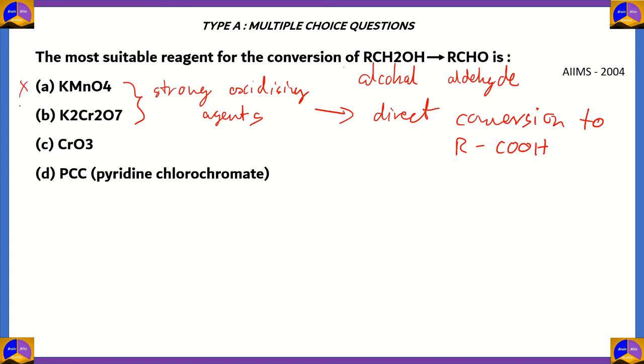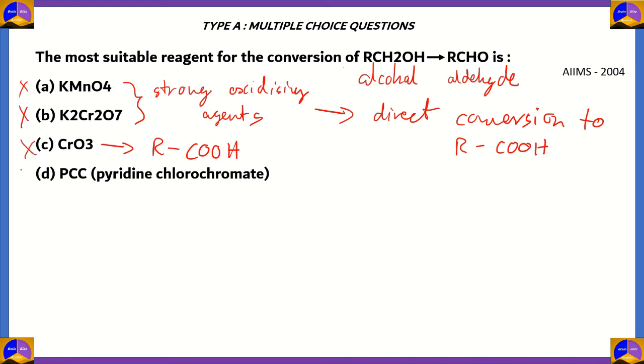So options A and B are incorrect. Option C, CrO3 also yields RCOOH. So if you add CrO3 to an alcohol, you're going to get a carboxylic acid and not an aldehyde, RCHO. So option C is incorrect.